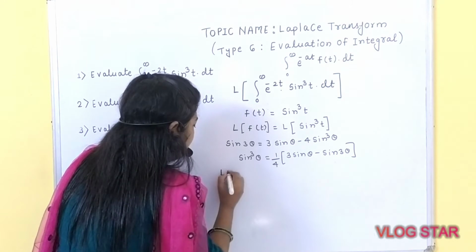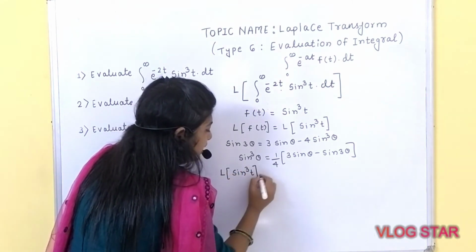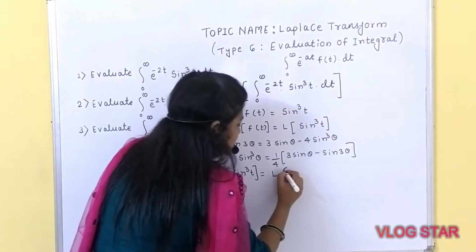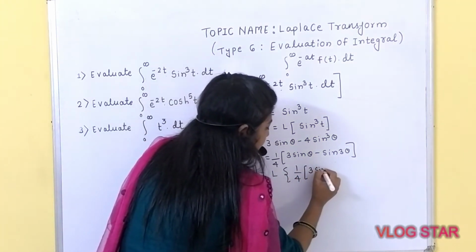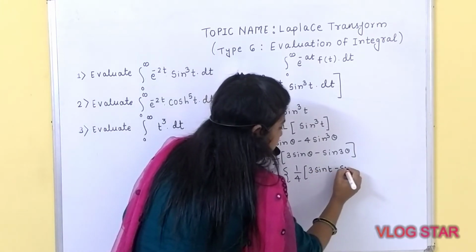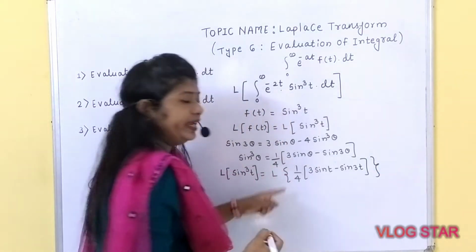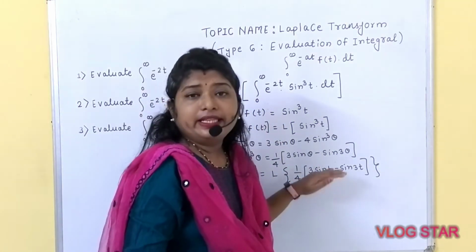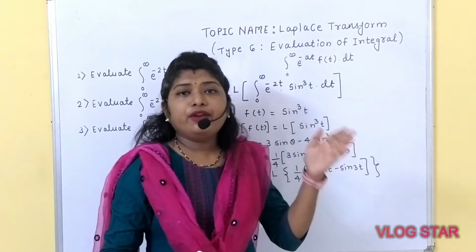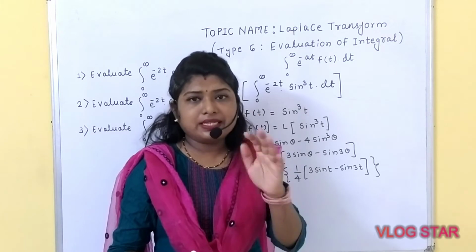So Laplace of sine cube t is nothing but equal to Laplace of 1 upon 4 times the bracket 3 sine t minus sine 3t. How are you going to find Laplace of sine t? We have already studied the standard result: Laplace of sine at is nothing but equal to a upon s square plus a square.